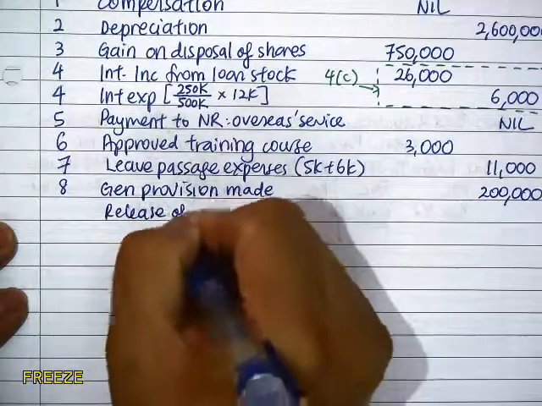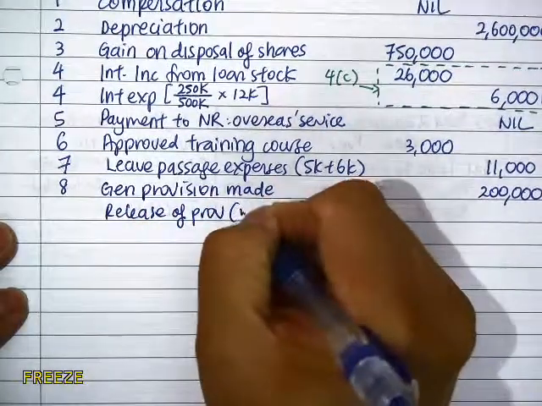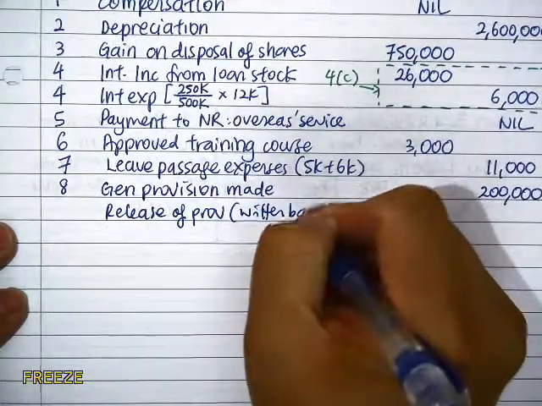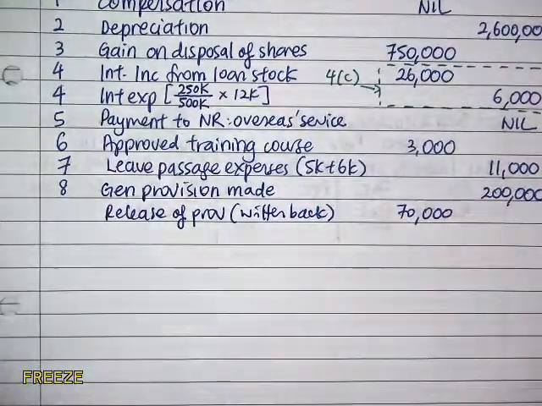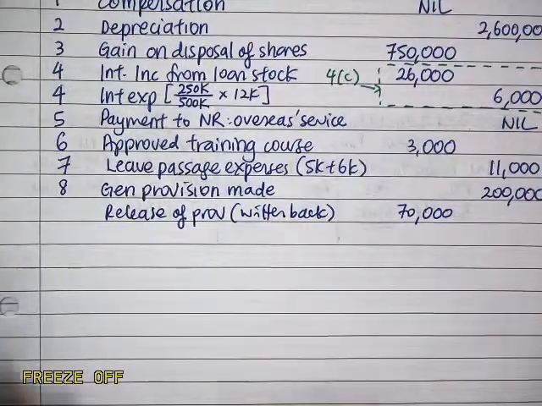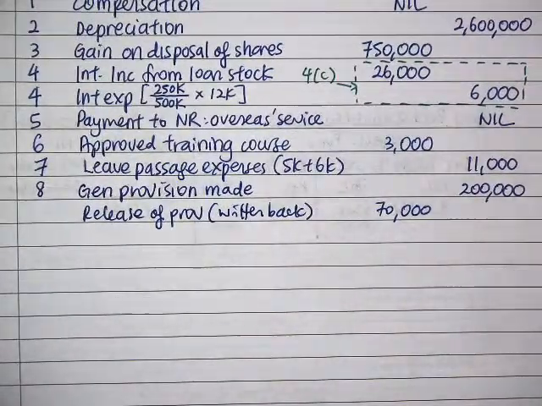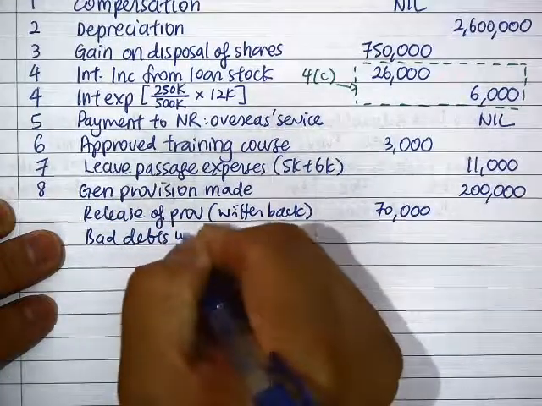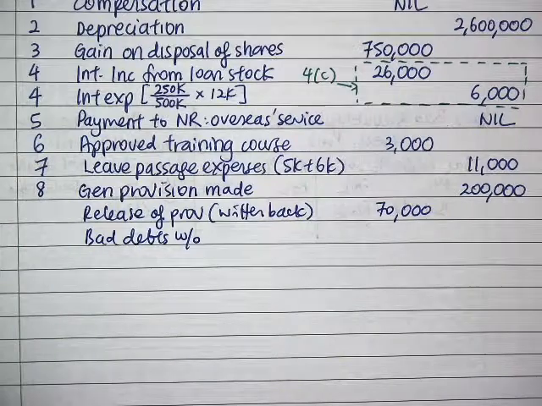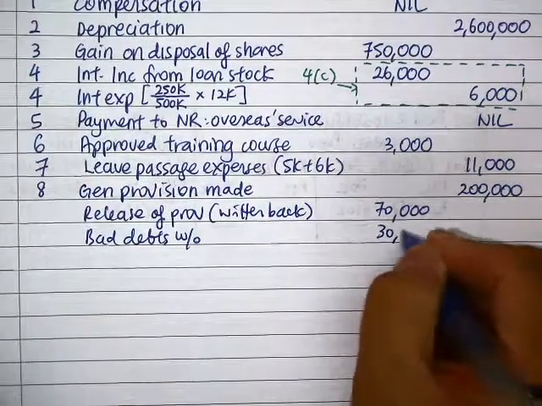The release of provision 70 is an income, so I will take it out. And then the bad debts written off, now this one you can claim, you have not claimed, so I'm going to claim now, so minus 30.